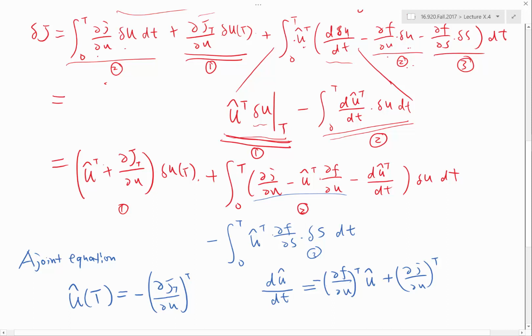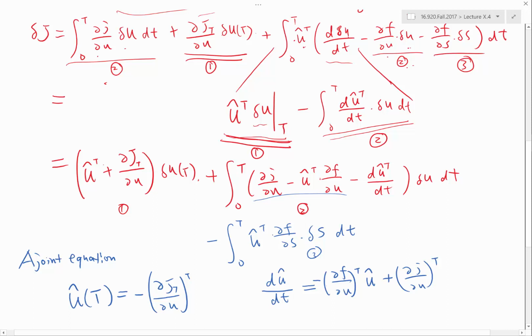But is this difficult though? Not really. You can simply do a change of variable of t. For example, if you define tau equal to big T minus small t, you can pose this equation as an equation that goes forward in tau, and you can solve it in tau with no problem.